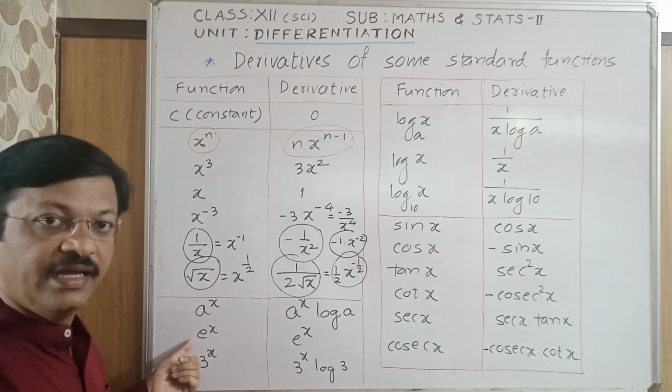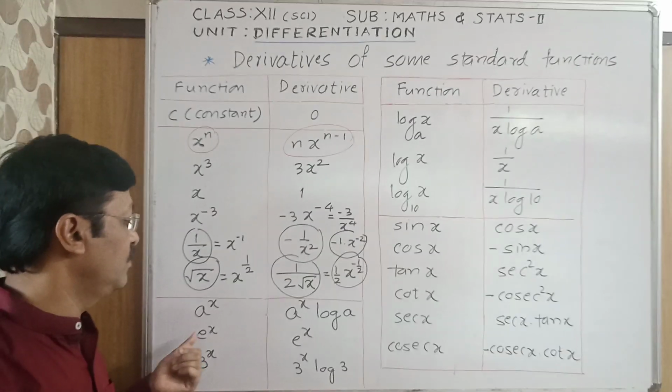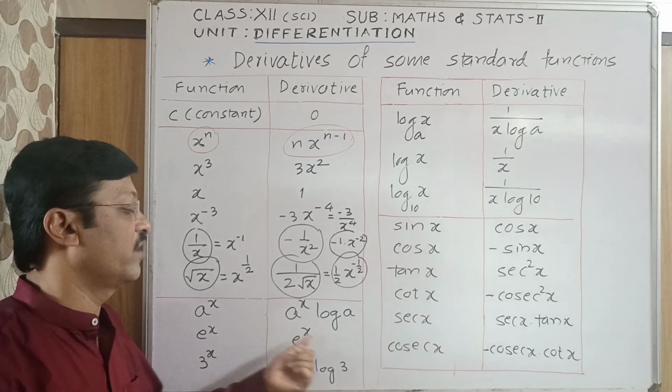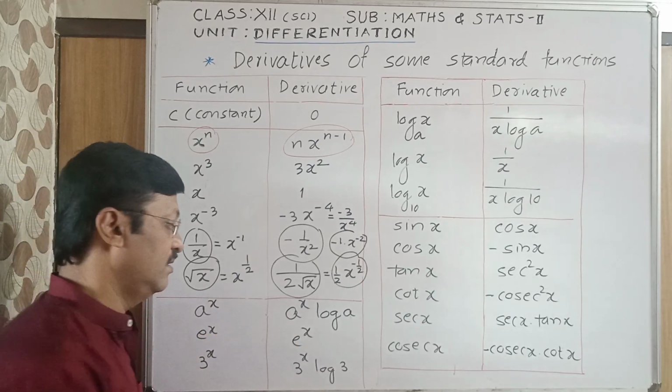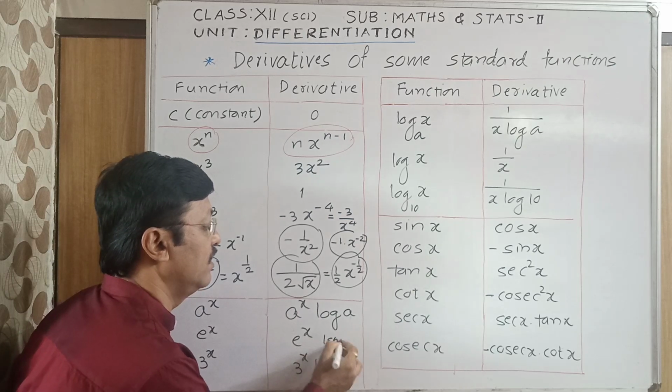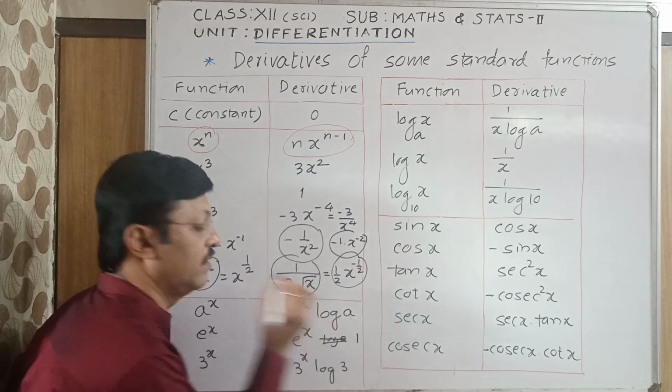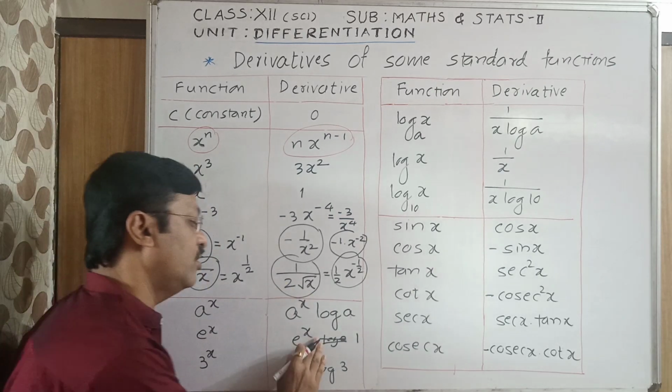Now what is this? e raised to x. Its derivative is also written in this form as e raised to x log e. But log e is 1, and therefore it is not mentioned.